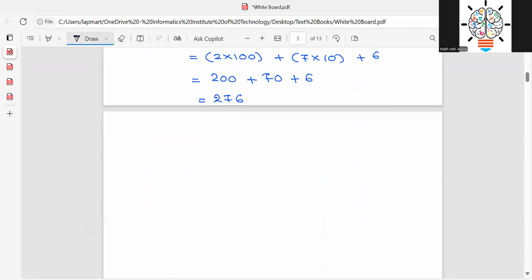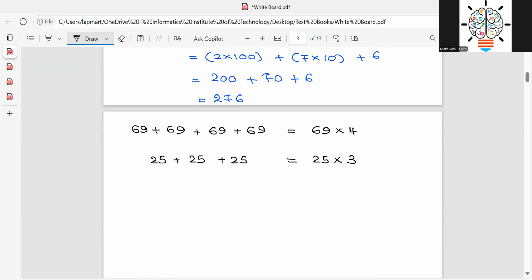You take the black pen, and we can write 69, 69, 69 and 69 is equal to 69 multiplied by 4, right? 25, 25, 25 is equal to 25 multiplied by 3, right?